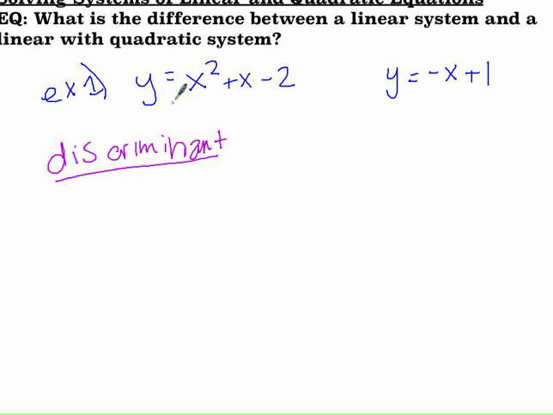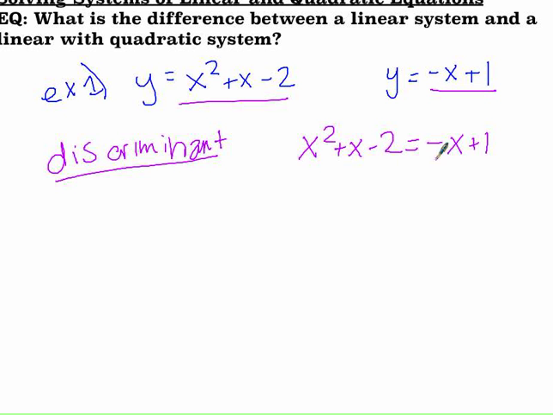Notice that y is isolated in both of these equations, so I'm going to set them equal to each other by using the substitution method. I'm going to take the first part, x squared plus x minus 2, and set that equal to negative x plus 1.